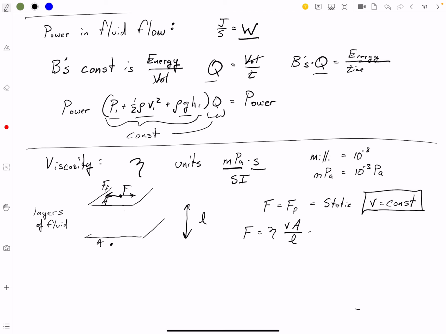And you might think of it as the same thing as saying it equals our force of friction, all right? That's another way of looking at it.